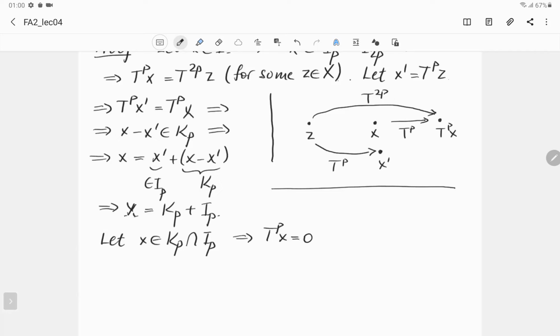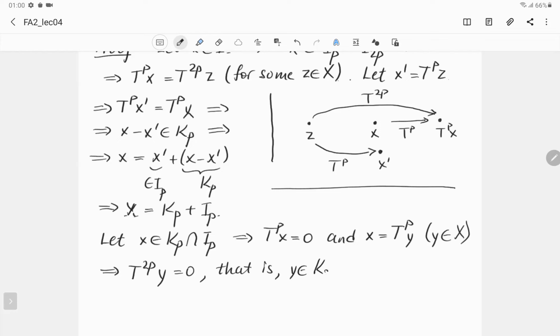And since X is in Ip, this means that X can be written as T to the power P of Y for some element Y in our space. So if we combine these equalities, we see that T to the power 2P of Y is 0, which means that Y sits in K2p.